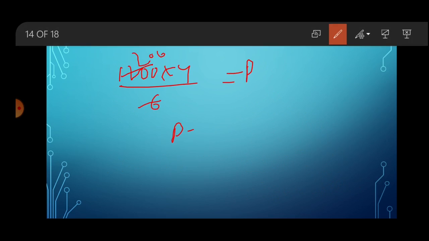So principal is 800. Now you have to calculate the amount of maturity. So MV is equals to 800 into 24 plus 1200, which was the interest. So you have to solve this particular equation. Now again, two questions are remaining.